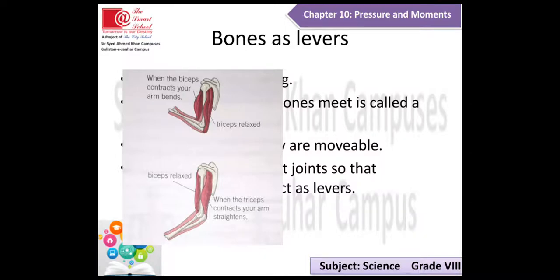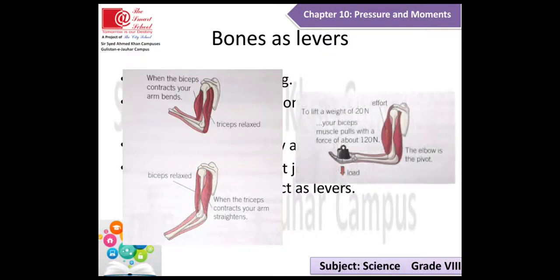The human forearm is a good example. The biceps flexor muscle flexes or bends the arm. The triceps extensor muscle extends or straightens the arm. Now look at this picture. In this picture, a person is lifting a weight of 20 Newton.